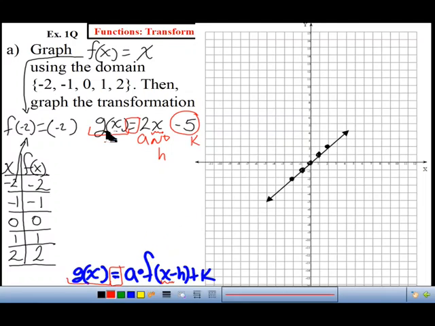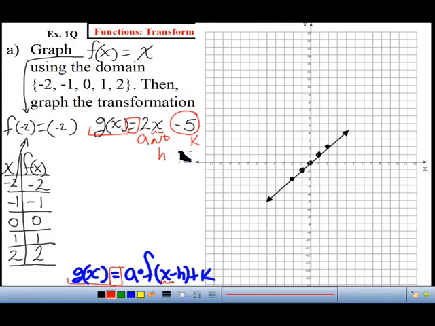But when they give you already a transformed function, such as g of x equals 2x minus 5, they're not going to have the little f in between the 2 and the x and so on and so forth. Okay? So let's continue. For the transformation, we always leave h and k to the end.